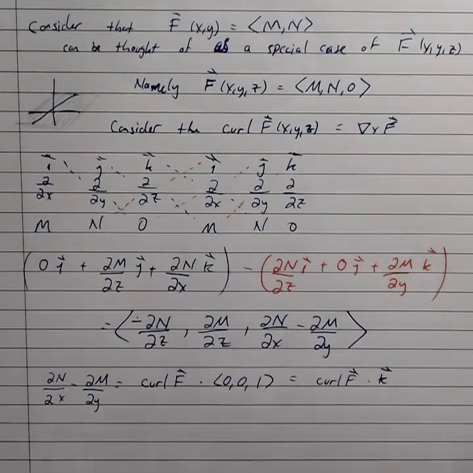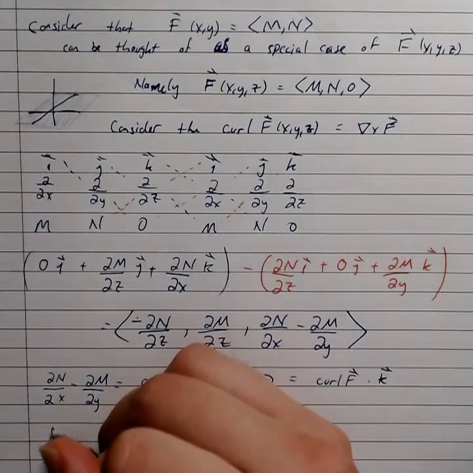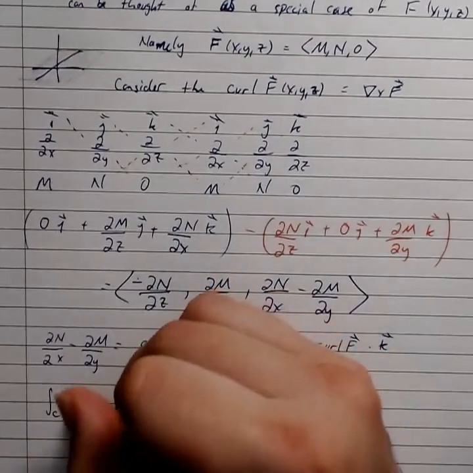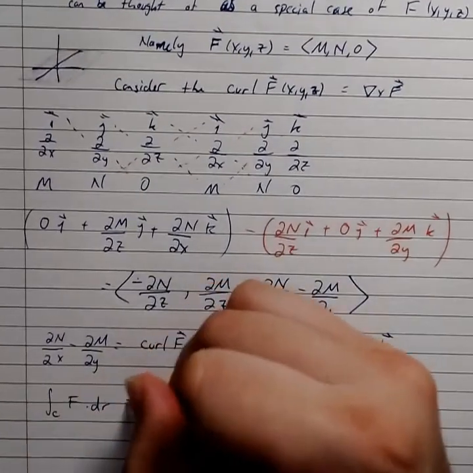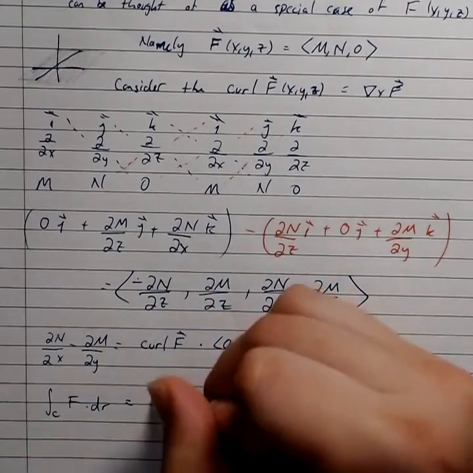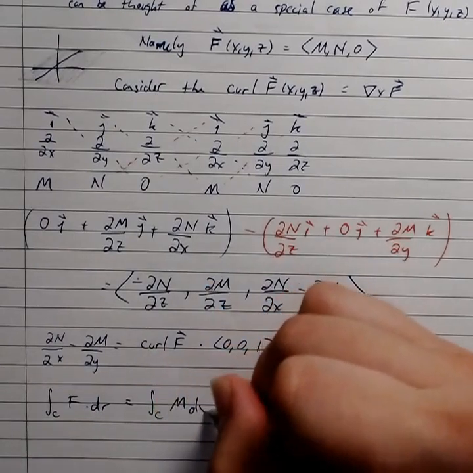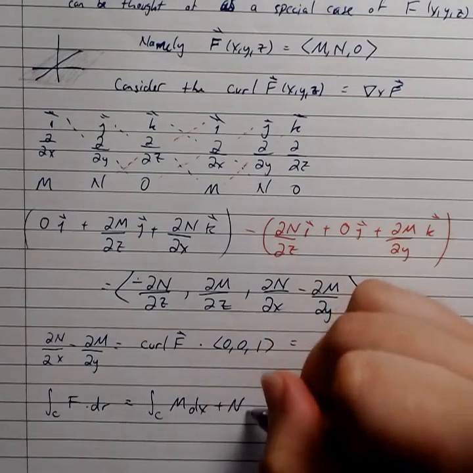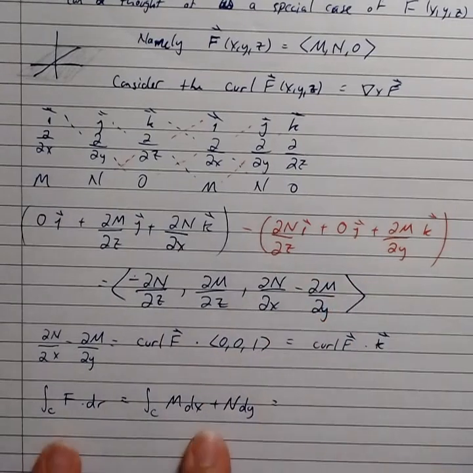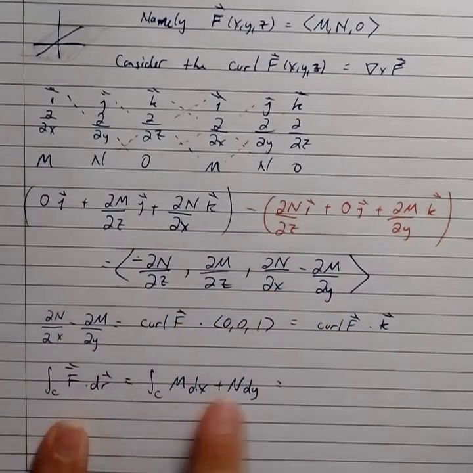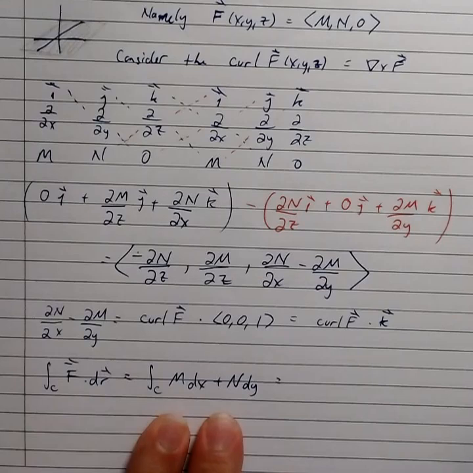And so Green's theorem can be written as the line integral over c of f dot dr, which is the line integral over c of m dx plus n dy. These are just the vector field notation and the differential notation.